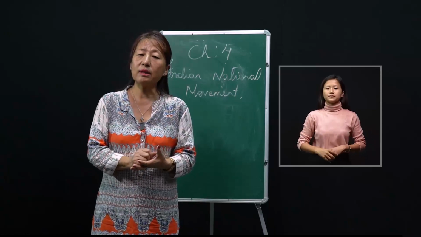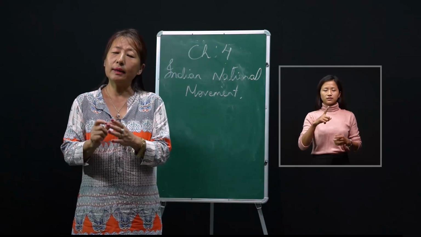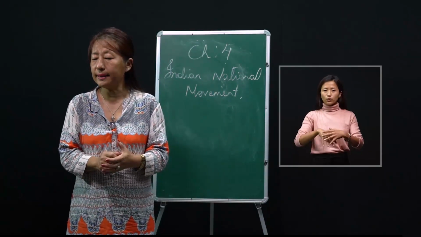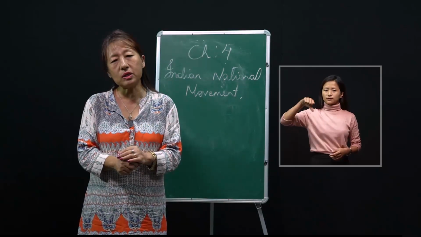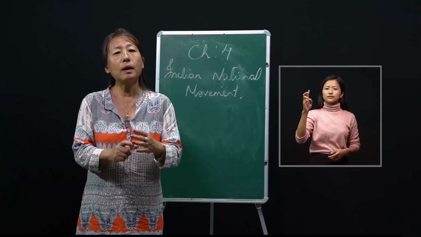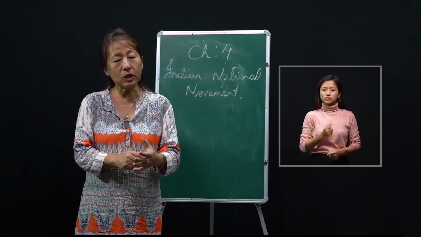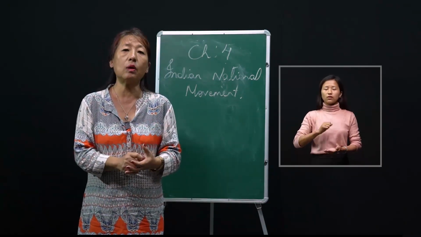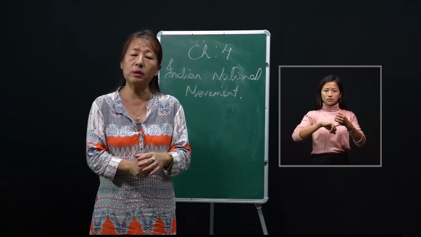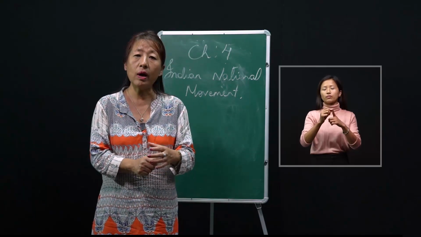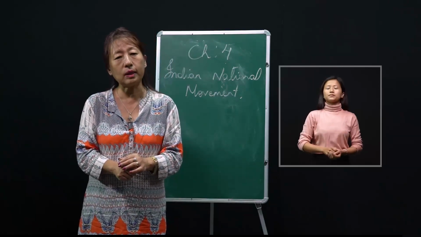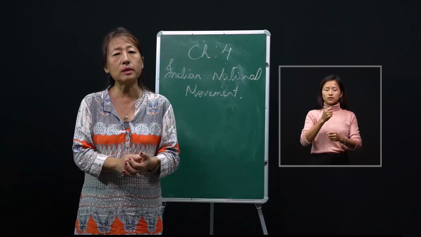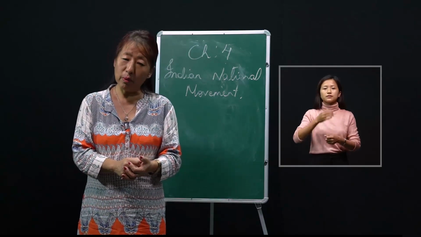Now, regarding this civil disobedience movement, it broke out in 1930, and the reason why it broke out was because the British government had tried to take over the production of salt. They took over the monopoly over the production of salt, and because of this, Gandhiji started this civil disobedience movement.